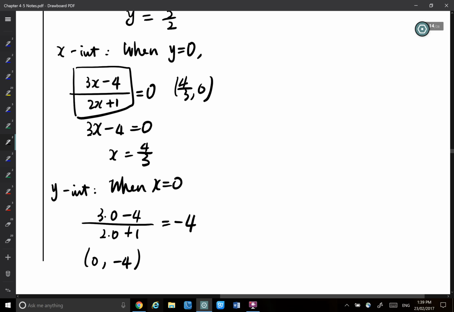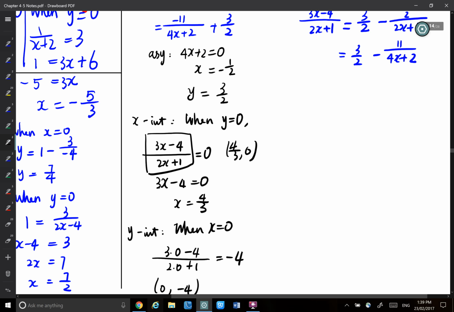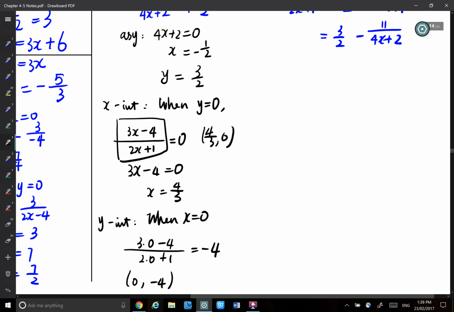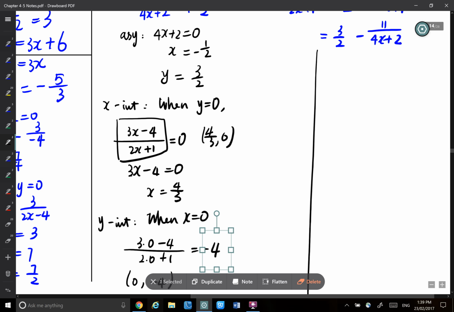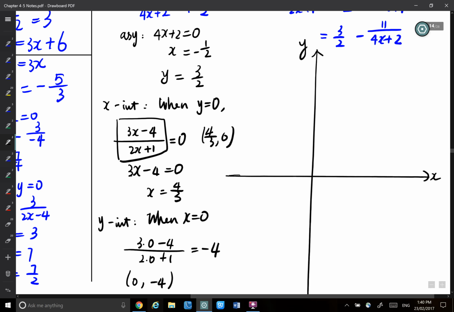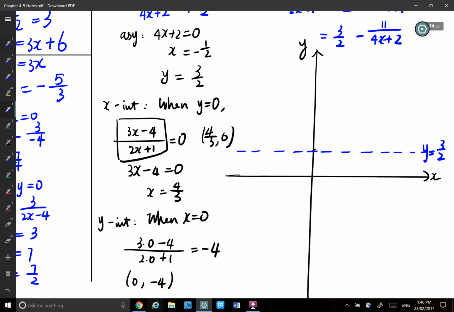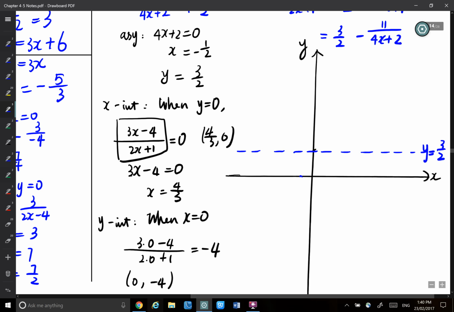Any questions? No? Okay, now let's put all the information onto the graph. The asymptotes are y equals 3 over 2, which is here, and x equals negative a half.